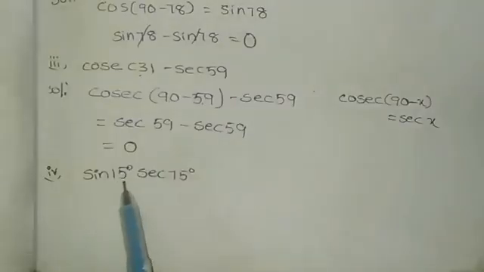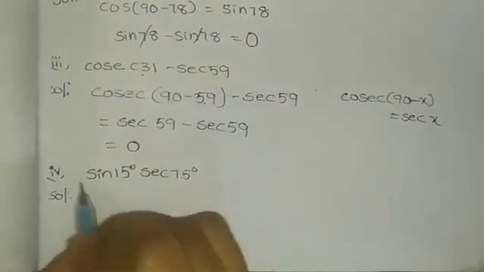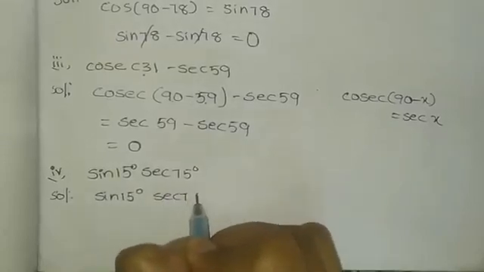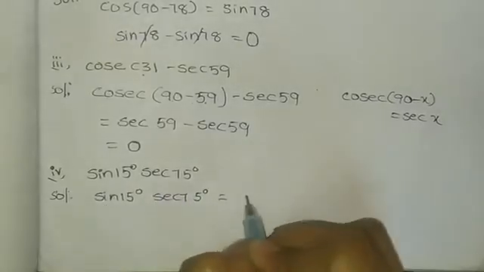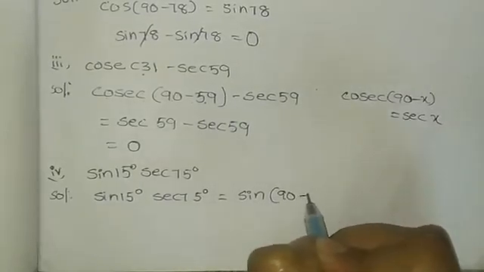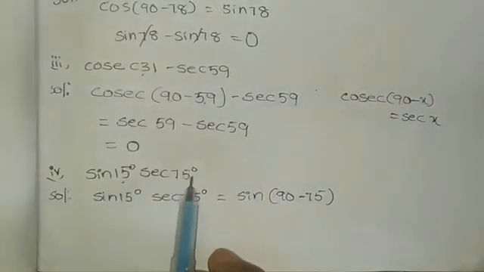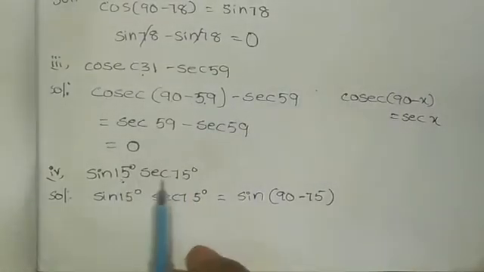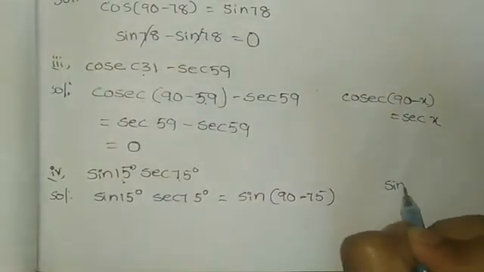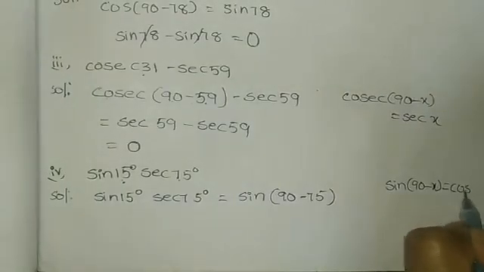Fourth question, sin 15 secant 75. Sin 15 can be written as sin 90 minus 75 because 15 and 75 are complementary. That means the sum of 15 and 75 is 90. Now I am applying the formula sin 90 minus x is equal to cos x.